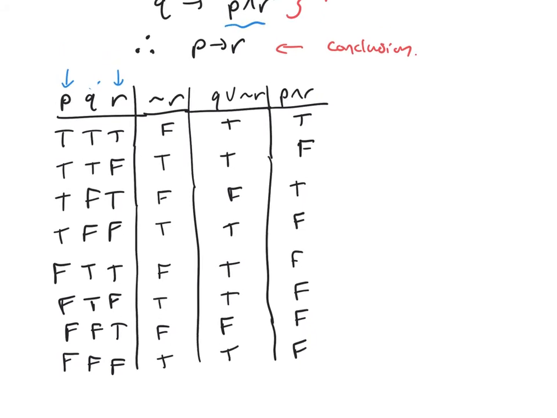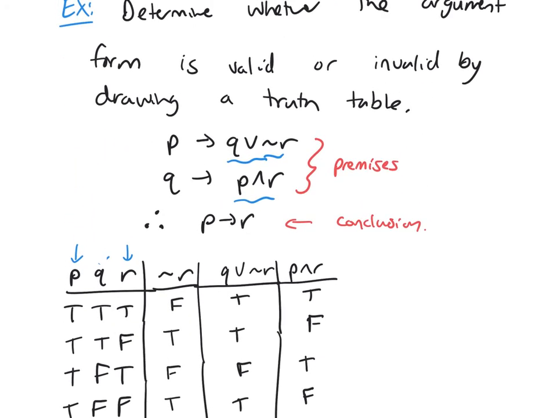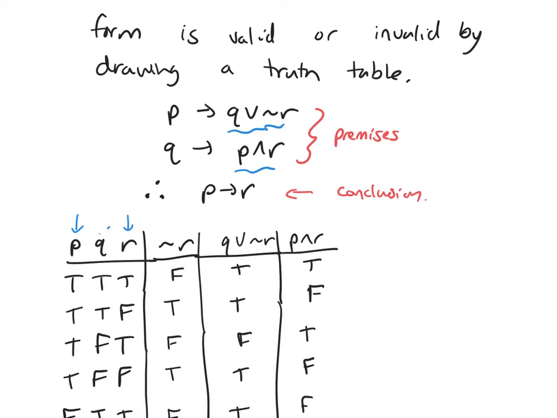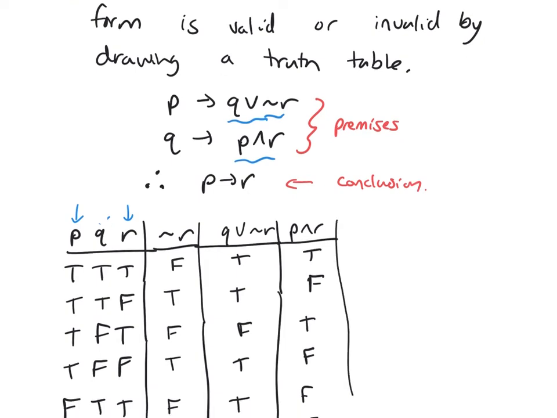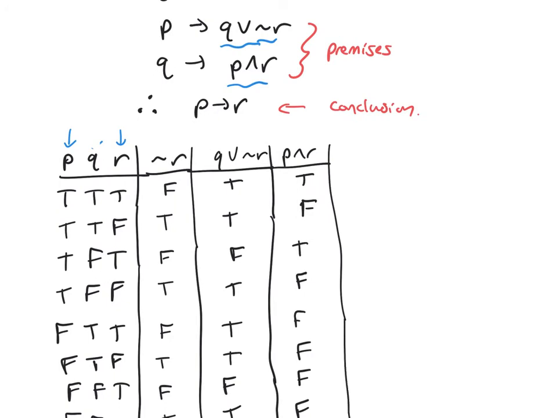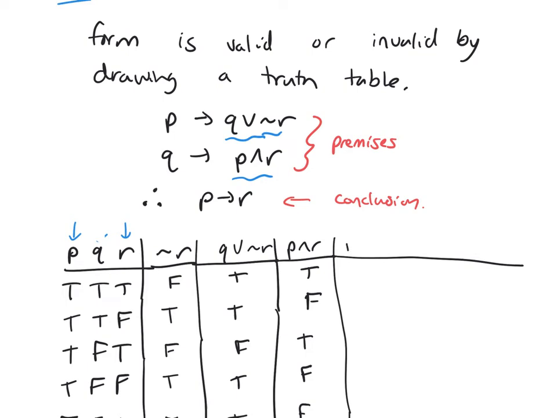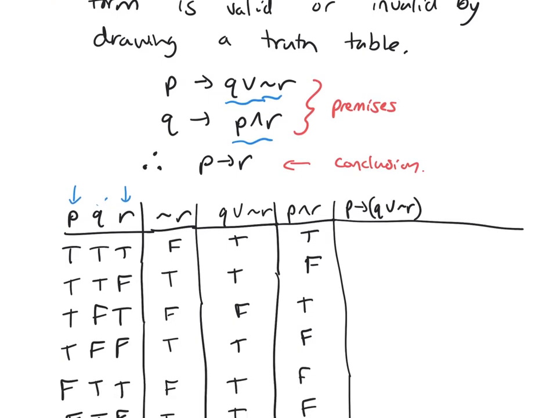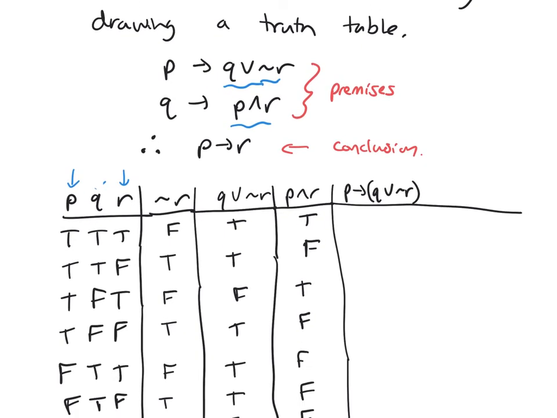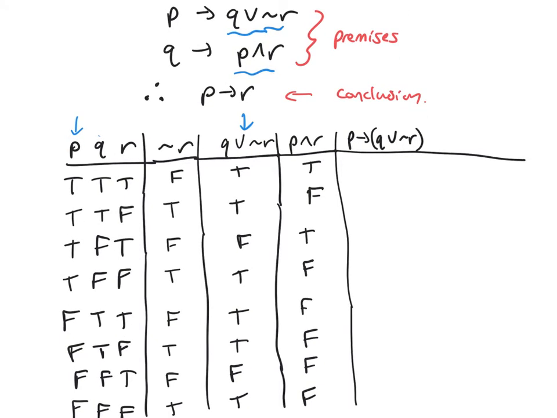Okay, so I think I've got all my pieces now. I'm ready to start making my columns for each of my premises. So we have if P, then Q or not R. So I'm looking at the P column, and I will look at the Q or not R, and it's a conditional statement.